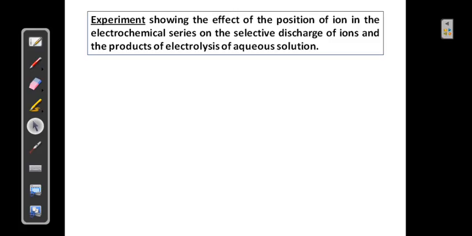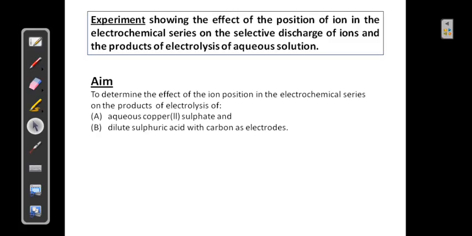Right. So the aim of this experiment is to determine the effect of the ion position in the electrochemical series on the products of the electrolysis of A, aqueous copper 2 sulfate, and B, dilute sulfuric acid with carbon electrodes.